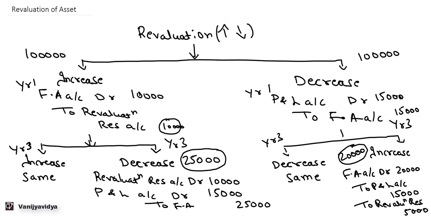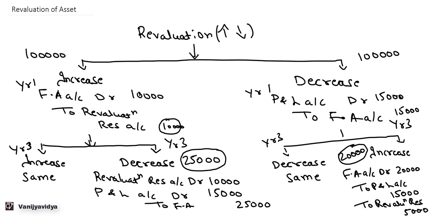If there is a subsequent decrease and before that there was an increase, to the extent of which the revaluation reserve account was created, we need to adjust it with the revaluation reserve account first, and the balance needs to be taken to profit and loss account.